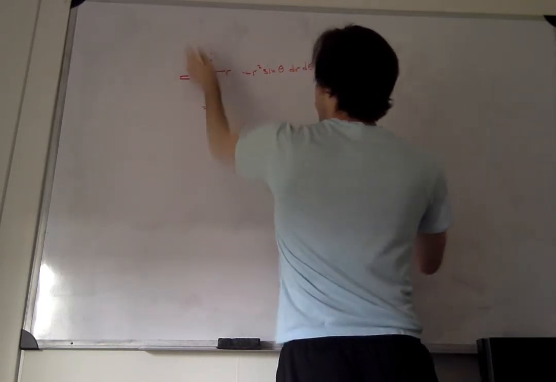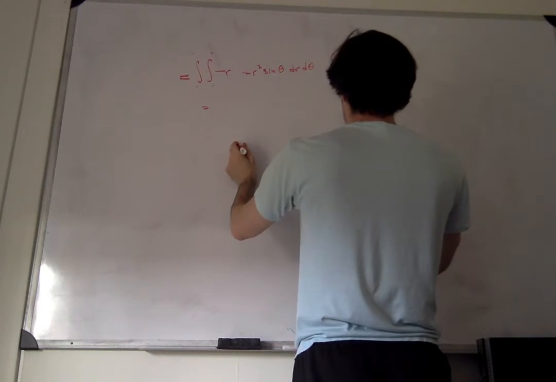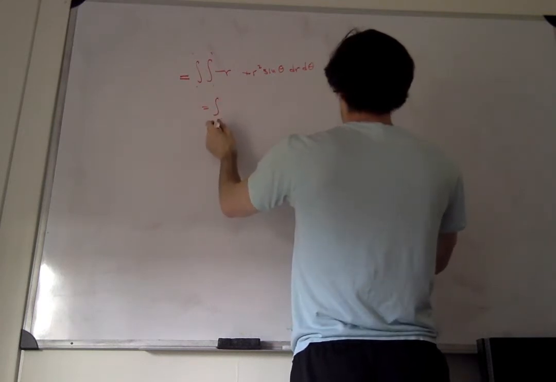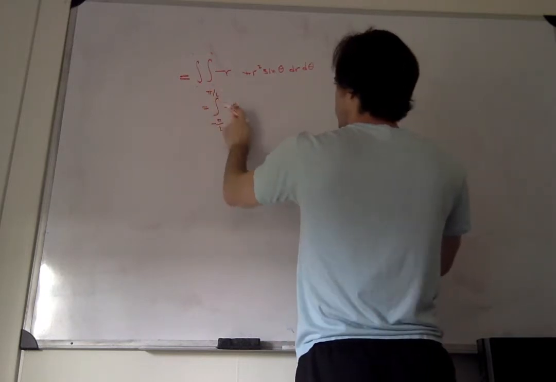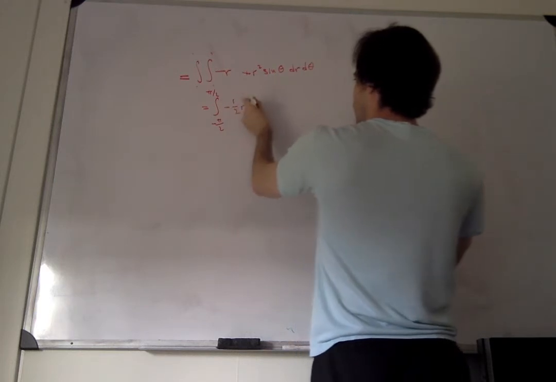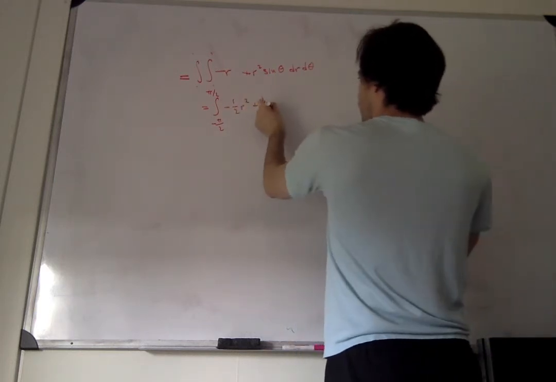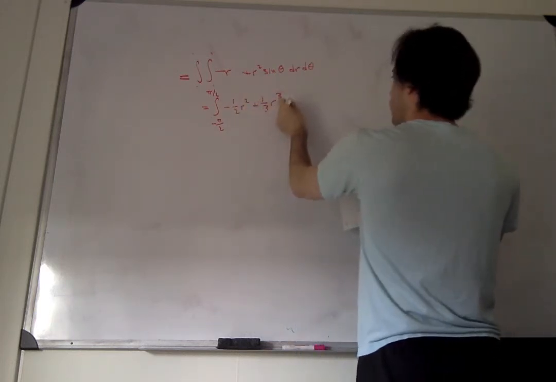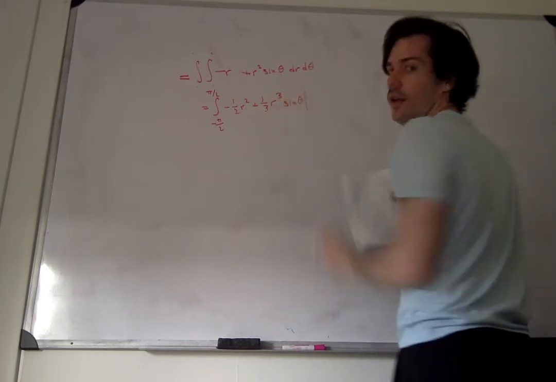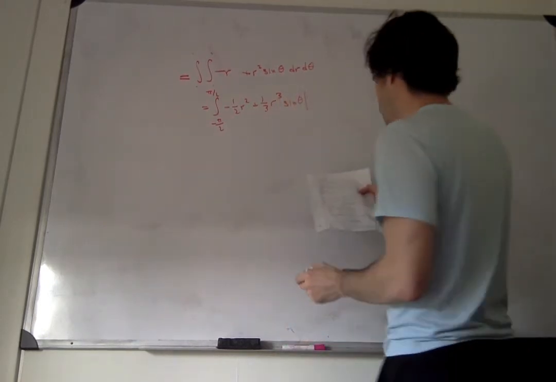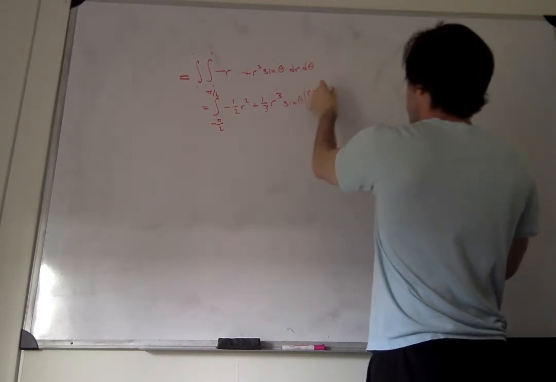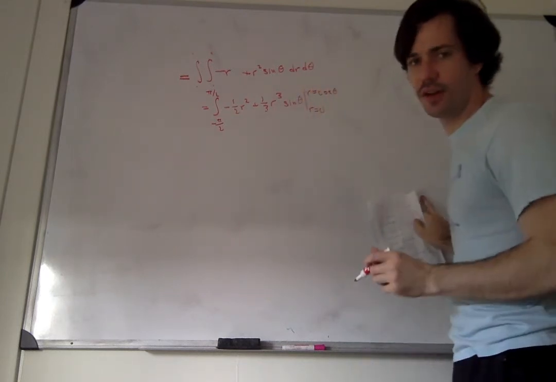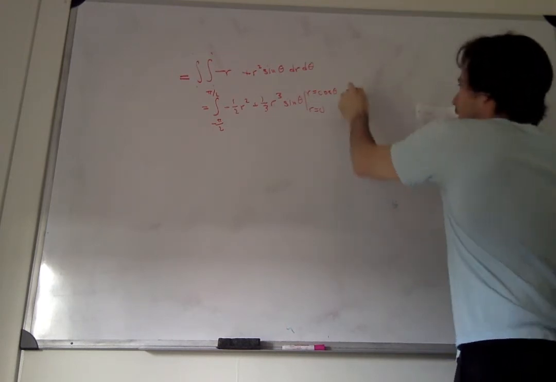And the bounds, so this is going to be minus 1/2 r squared plus 1/3 r cubed sine theta. Yes, sine theta. r goes from 0 to r equals cosine theta. I think that was the cosine I was thinking of. d theta.